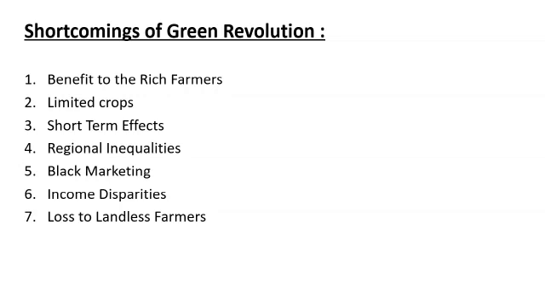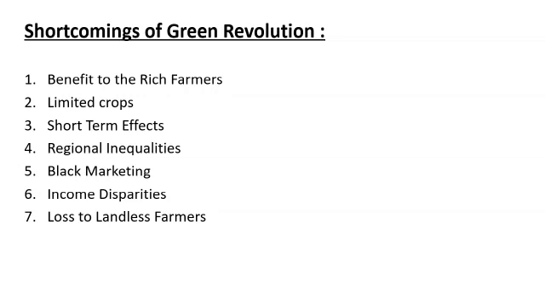Number 6, income disparities. The Green Revolution has also increased the income inequalities in the villages. Because of the Green Revolution, the rich farmers earned a lot of income, but the poor farmers could not get its benefits. Number 7, loss of landless farmers. The landless farmers were at a loss.